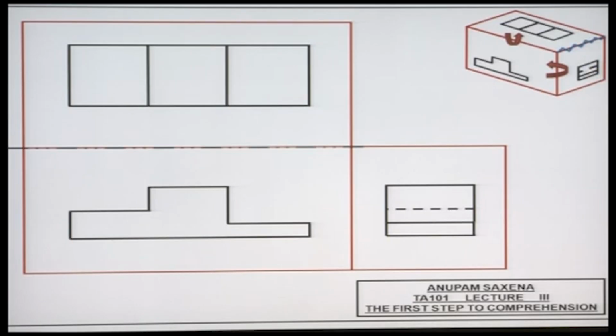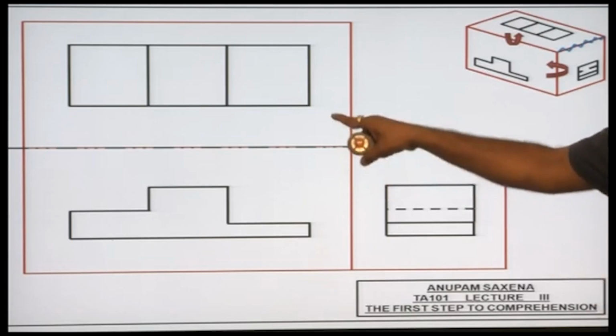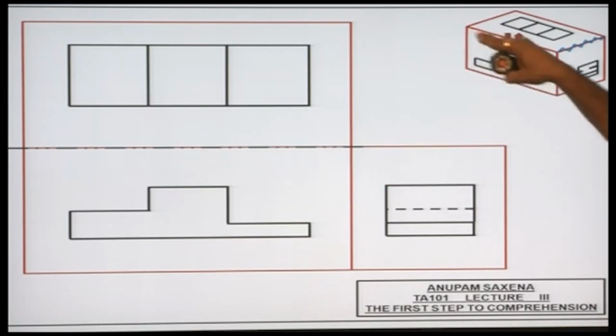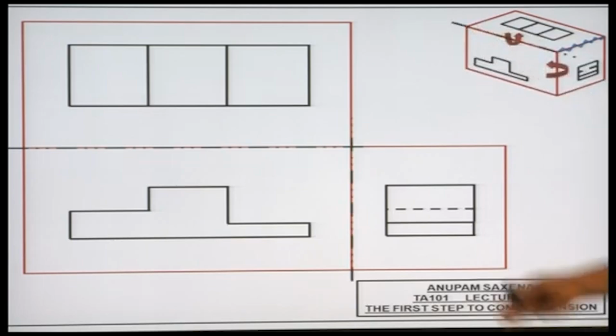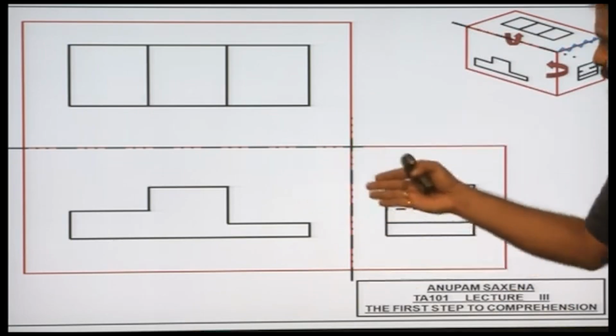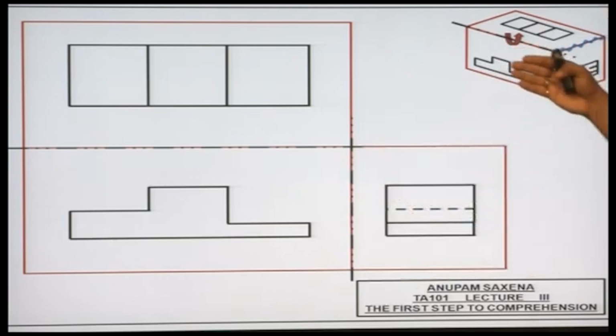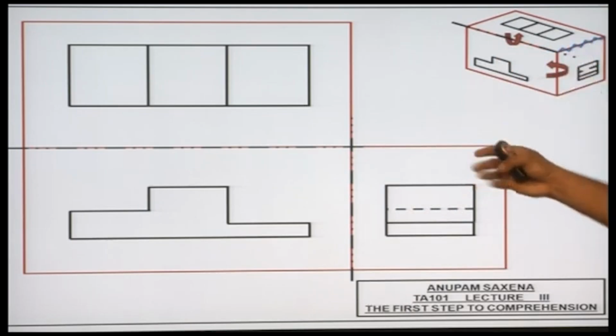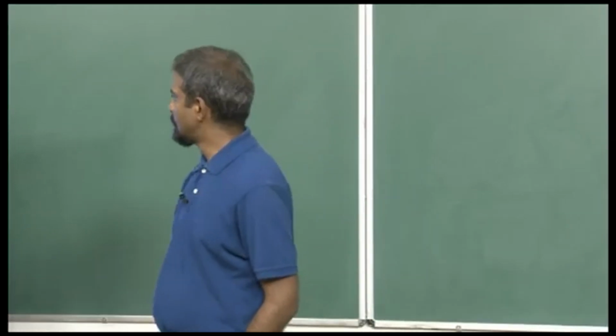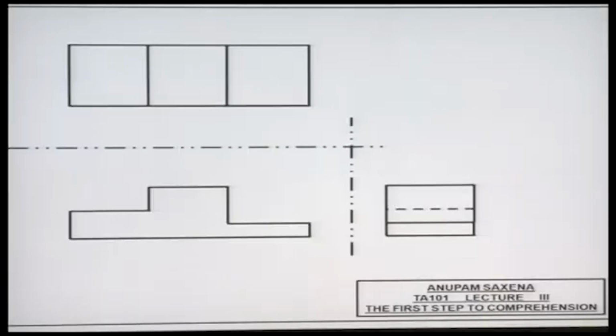All right, so this is the hinge line that separates the horizontal and vertical plane, this one here, and another hinge line that separates the vertical plane and the plane on the right, which is this hinge line here. Okay, so let's get rid of these planes, and this is how we are going to be seeing the representation of the object in 3 different orthogonal directions.